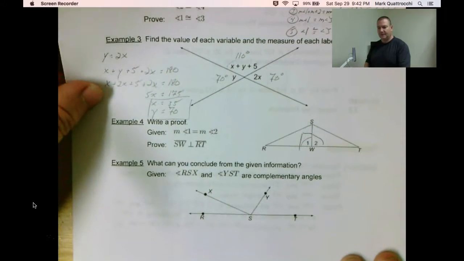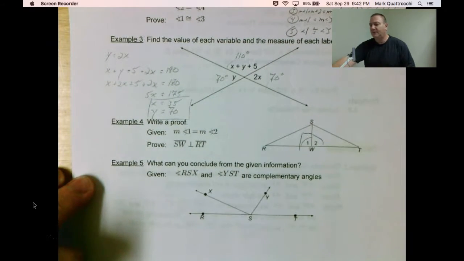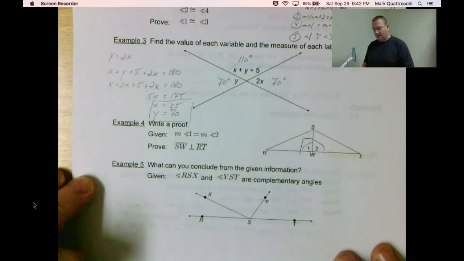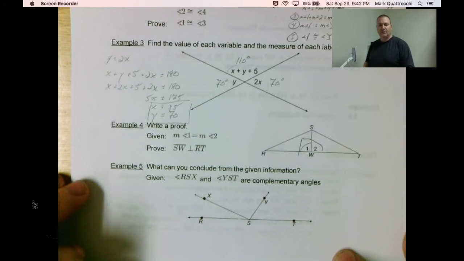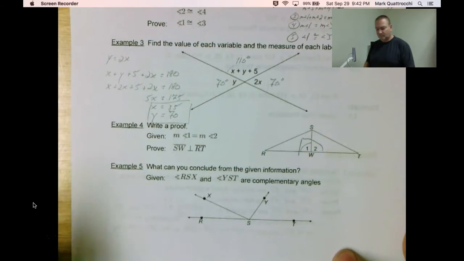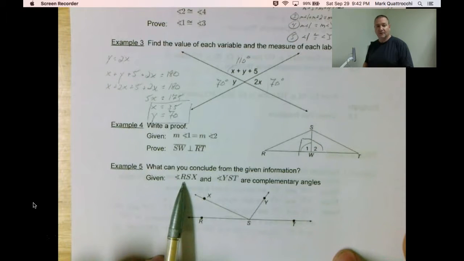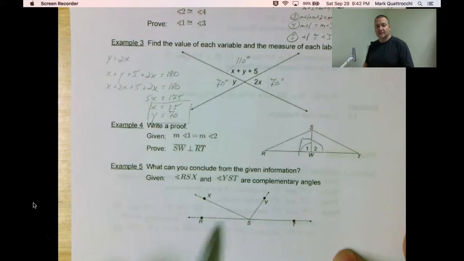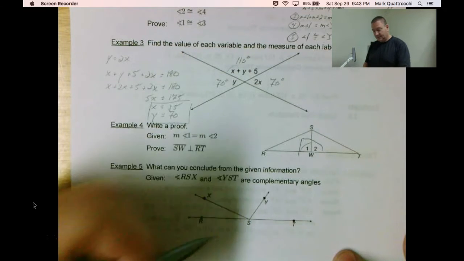Example 5 now. In example 5, what can we conclude from the given information? Well, what is the given information? We're told that angle RSX and angle YST are complementary, so this angle is complementary to this angle.